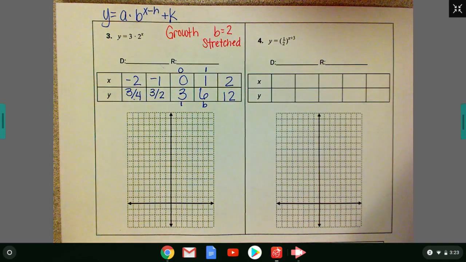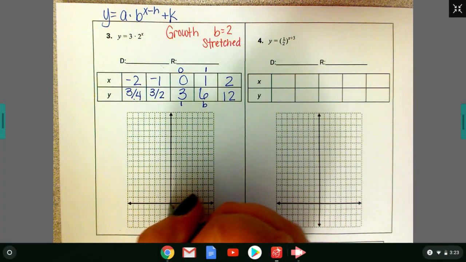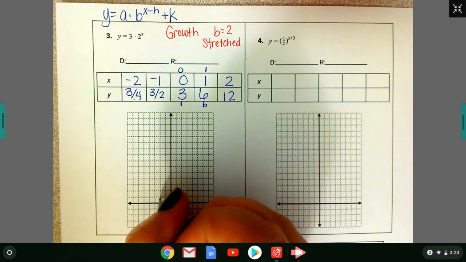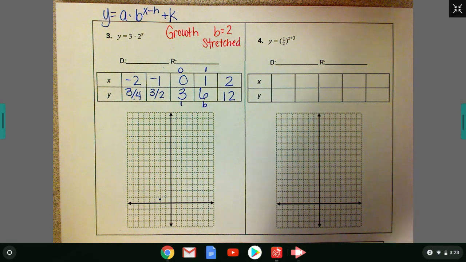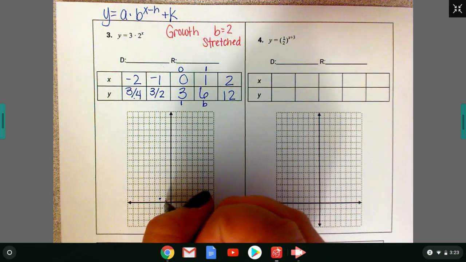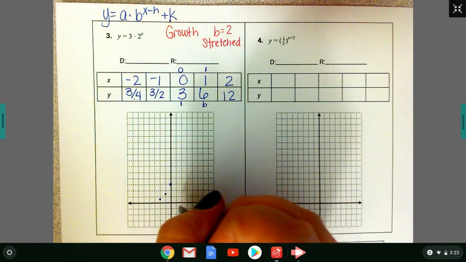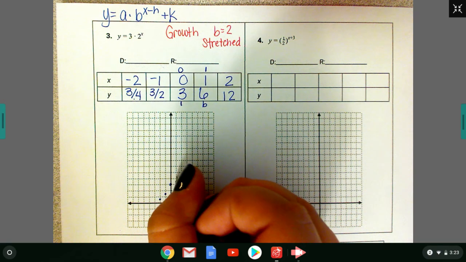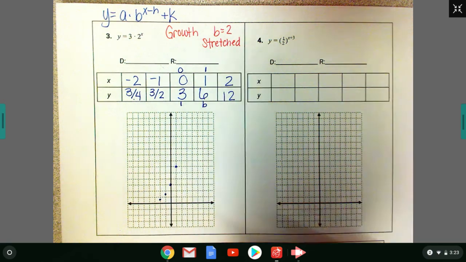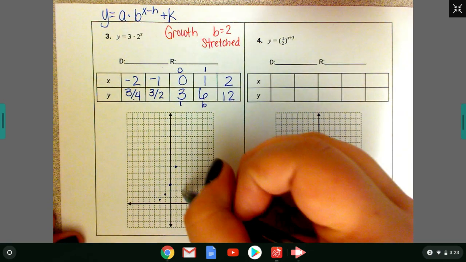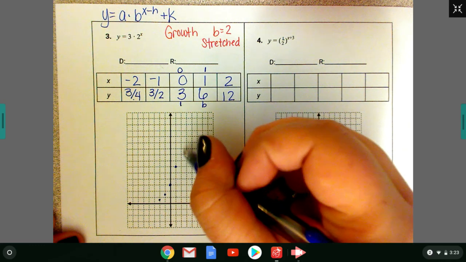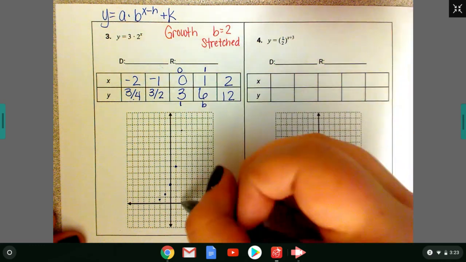And there we go. We can plug in. So we've got -2, 3/4, -1, 3/2, that's 1.5. So -1, 1.5, 0, 3, 1, 6, and 2, 12.